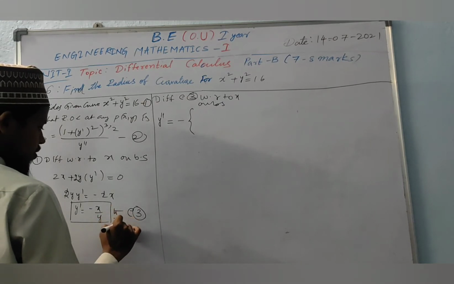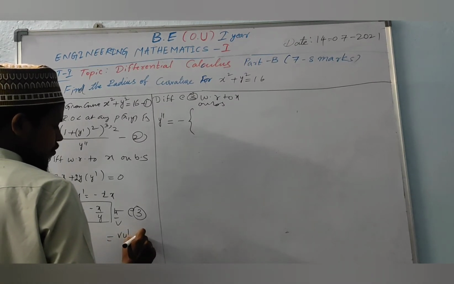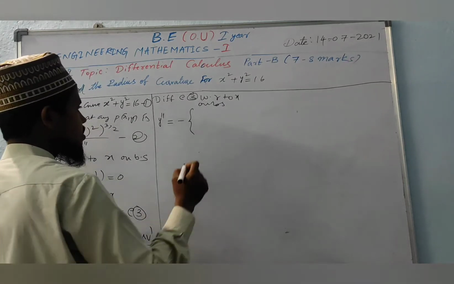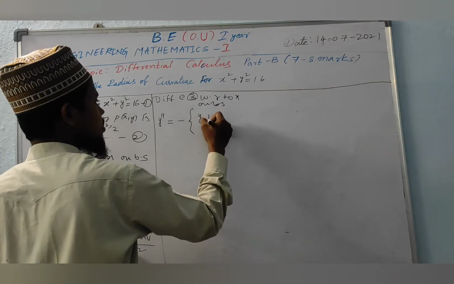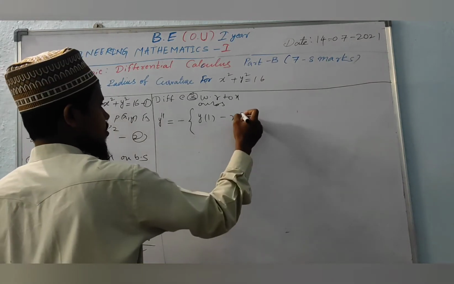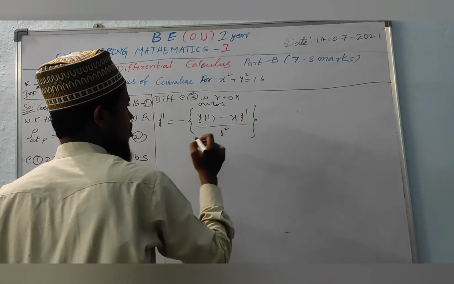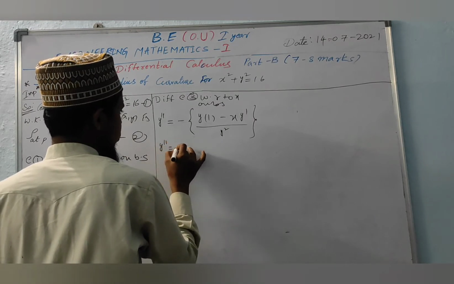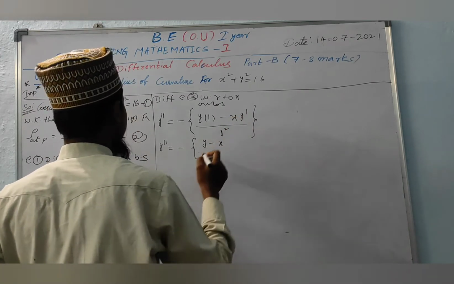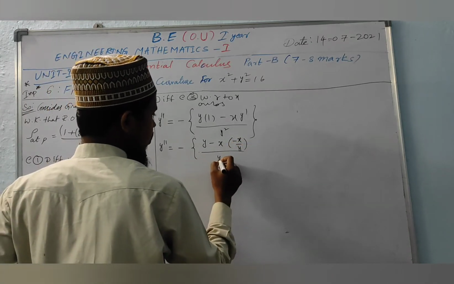We know the formula for differentiating u by v: v into u′ minus u into v′, by v². Here v is y, and the derivative of x is 1; u is x, and the derivative of y is y′; v² is y². So y″ equals minus of [y minus x into y′] by y², where y′ is minus x by y.